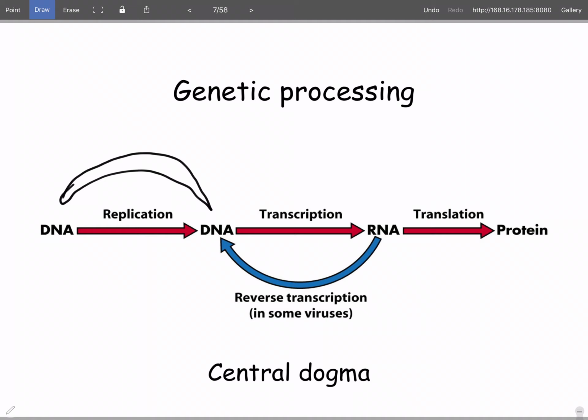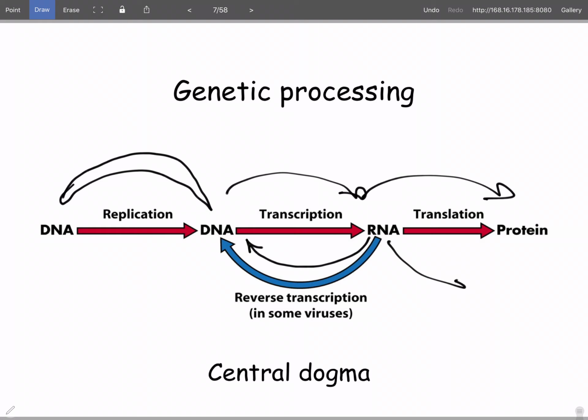Tonight we're going to talk about these other processes that were originally part of the central dogma of genetics, right? How DNA goes to RNA, how RNA is made into protein. But we now know that there are enzymes out there that go against the central dogma, that RNA can be made into DNA through some processes in viruses.